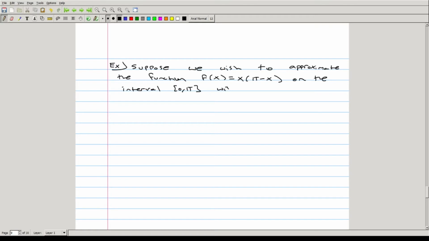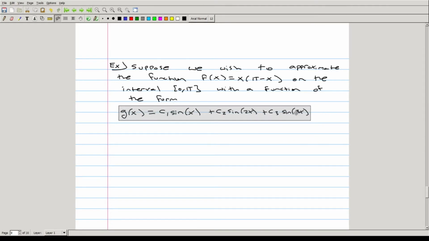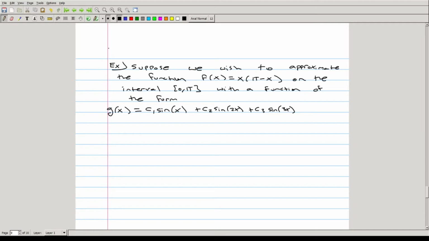with a function of the form g of x is equal to c1 sine of x plus c2 sine of 2x plus c3 sine of 3x, and then we'll add a fourth term as well, plus c4 sine of 4x.